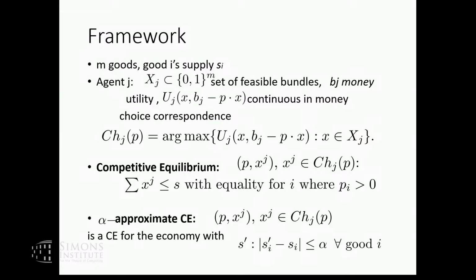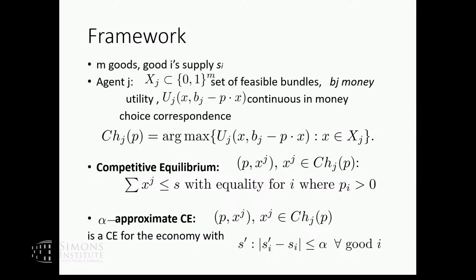The choice correspondence is standard. For every price p, an agent looks at which bundles optimize the utility. A competitive equilibrium is a pair: a price and a bunch of bundles, such that each bundle is in the choice correspondence, and if I sum up all the bundles, the aggregate is less than or equal to the capacity, and it has to be equal, the market clears, if the price is positive.